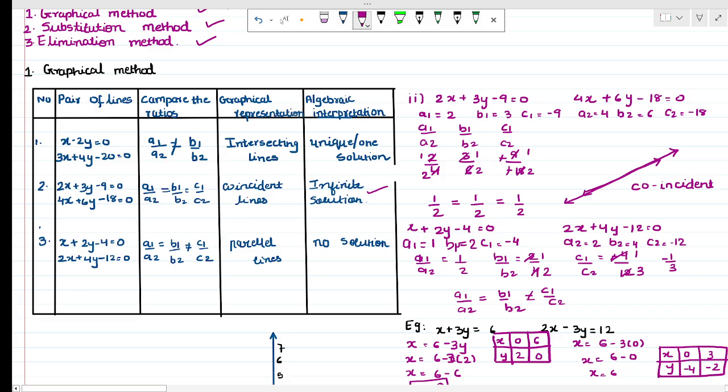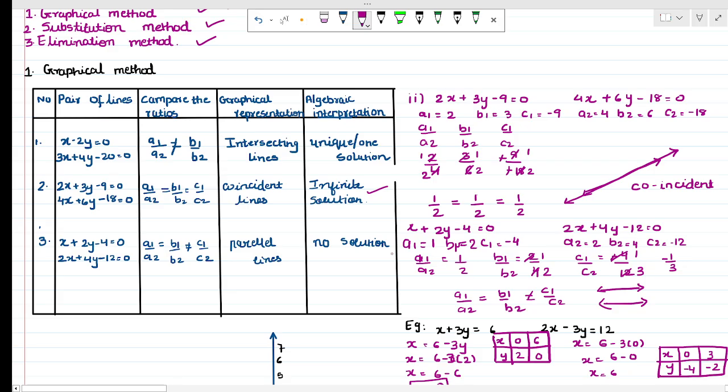That means my third condition is not fulfilled. So this type of graph will be a parallel line graph. Its lines will be parallel, and they will not have a single meeting point. That means they will never intersect each other. That is why we got the graph as parallel lines.